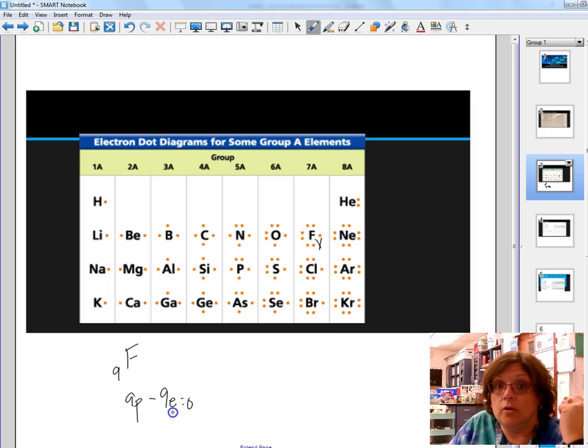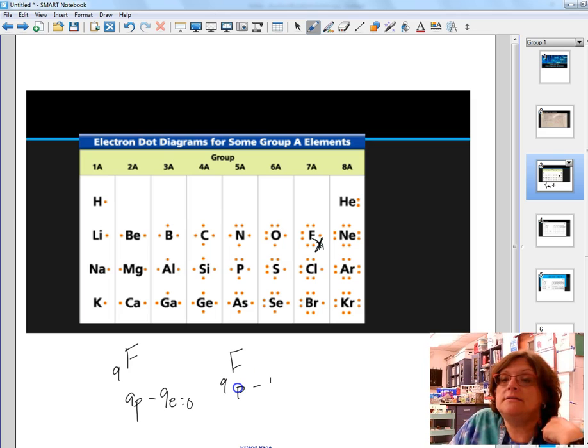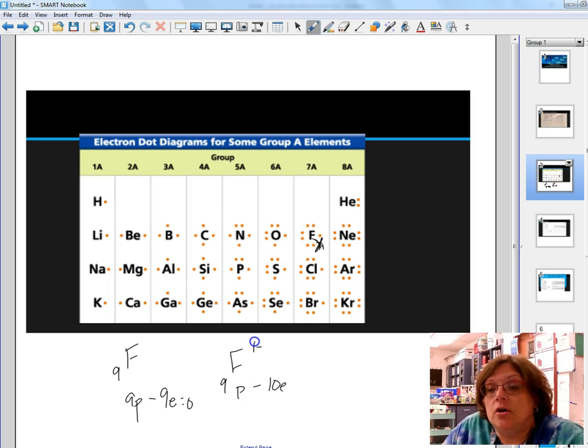That's a neutral atom. But if fluorine adds that electron, he now has 10 electrons, 8 in his outer shell, 2 in his inner shell. 9 minus 10 gives us a -1 charge. That's what fluorine does in order to get happy.